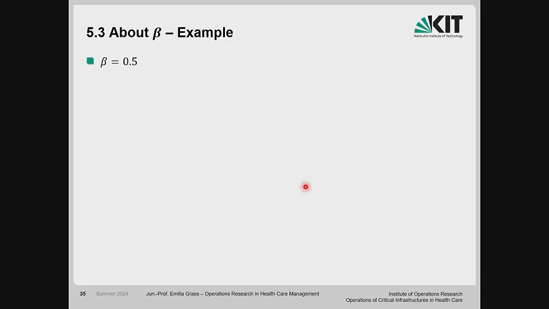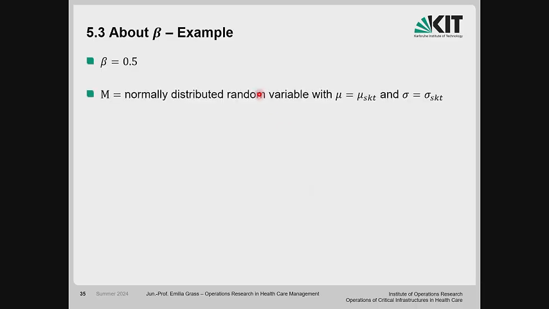Okay, so let's have an example. If the management says beta should be half, meaning that half of the time we assume that we need more time than expected and half of the time less time, we can also assume that our surgeries are normally distributed with expectation mu and standard deviation sigma.